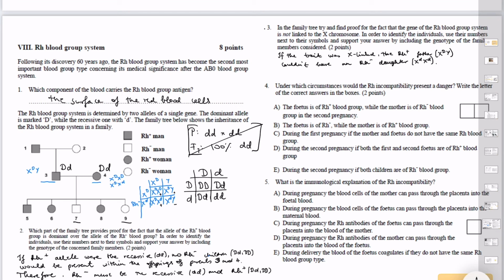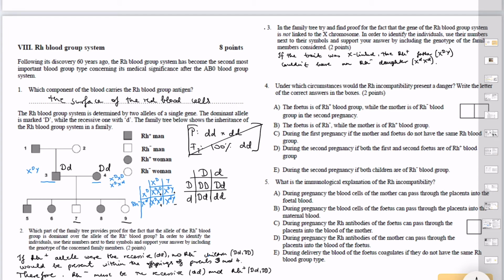Under which circumstances would the Rh incompatibility present a danger? Write the letter of the correct answers in the boxes. In order to answer this question, you have to remember what you have learned about Rh incompatibility. So that's a condition when the mom is Rh negative and the baby is Rh positive.